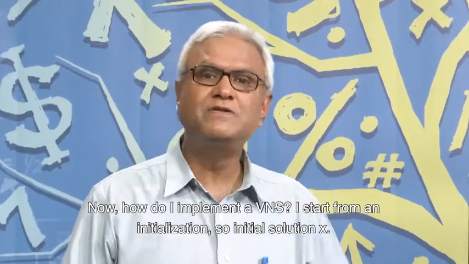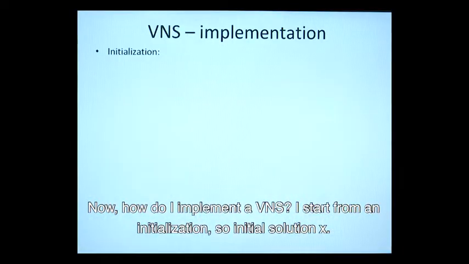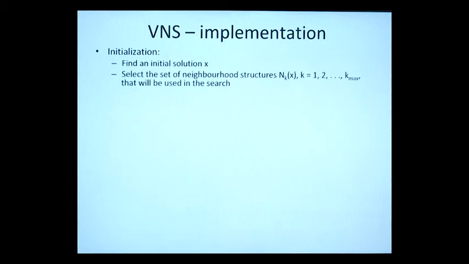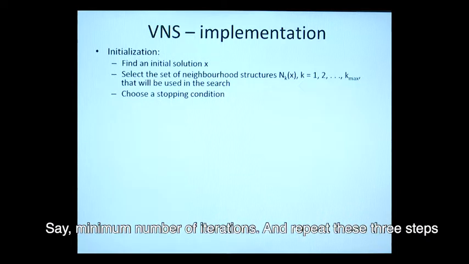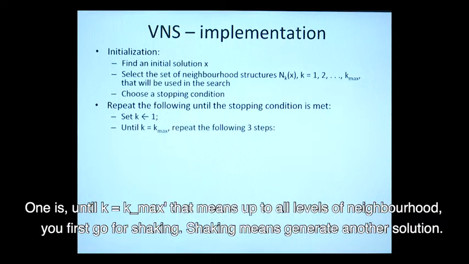Now, how do I implement a VNS? I start from an initial solution x, I have a neighborhood N_k(x), where k stands for the level of neighborhood, choose a stopping condition, say a minimum number of iterations, and repeat these steps until k equals k max, that means up to all levels of neighborhood.